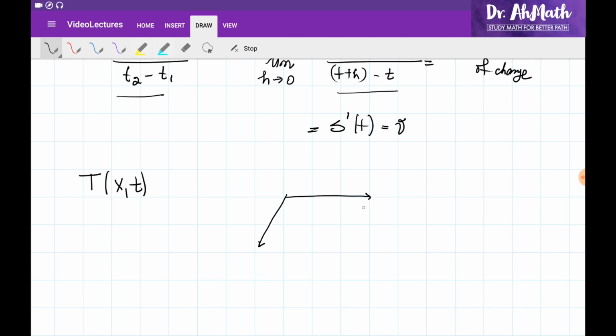Depending on which time we choose and which position we choose, we might have different temperature, right? For example, let's say at the time t equal to 0, the temperature curve looks like this. When the time is equal to 1, the temperature curve looks like this, and in between them, it might be different lines and so on. So the temperature function now is going to be a surface, right?